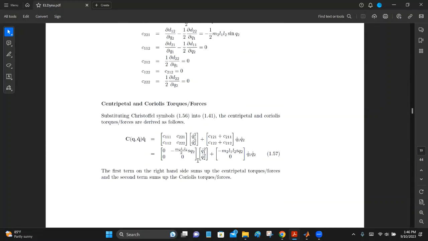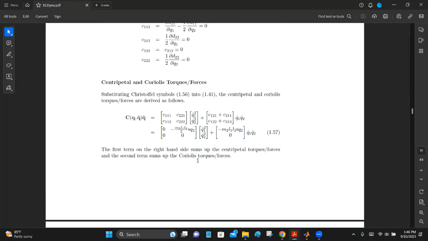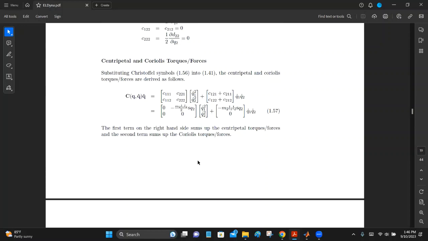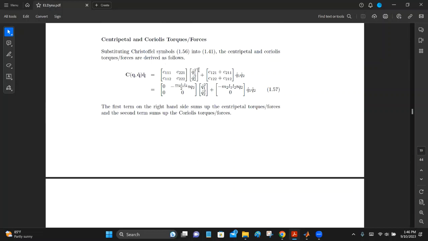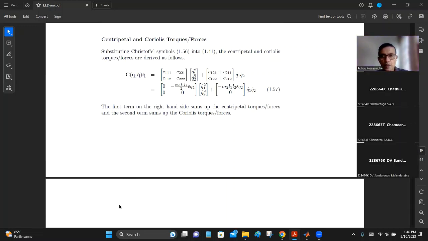Once you have the 8 Christoffel symbols, you regroup them into 2 subgroups: one is the Coriolis forces and torques, the other is centripetal forces and torques. You can see this separate arrangement into 2 subgroups.